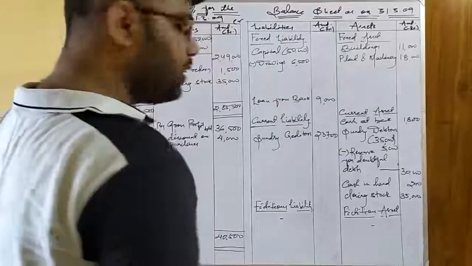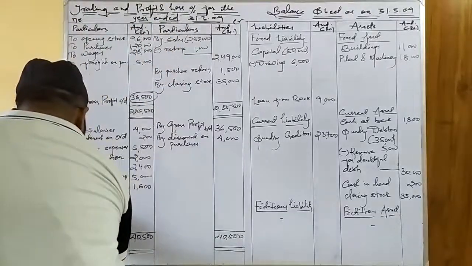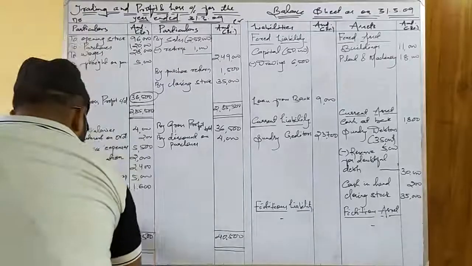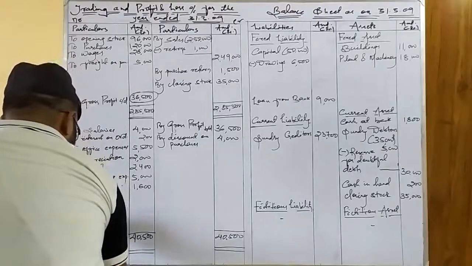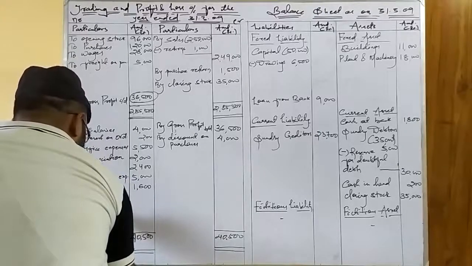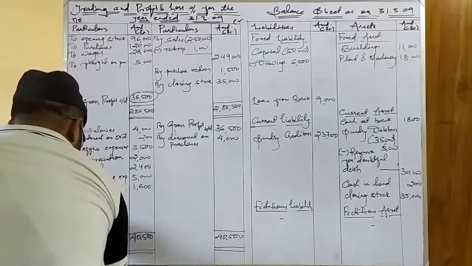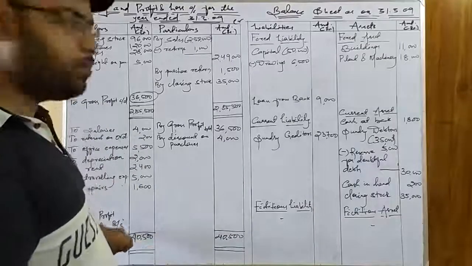Okay, it is a little bit down, so handwriting comes as a problem. So now we will calculate. Okay, so I have written here to net profit transferred to balance sheet.